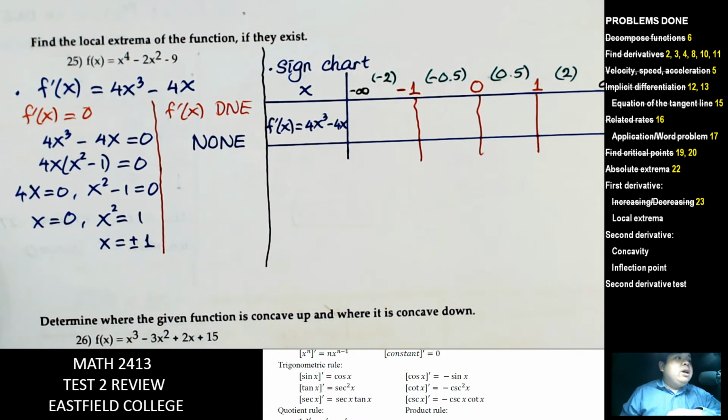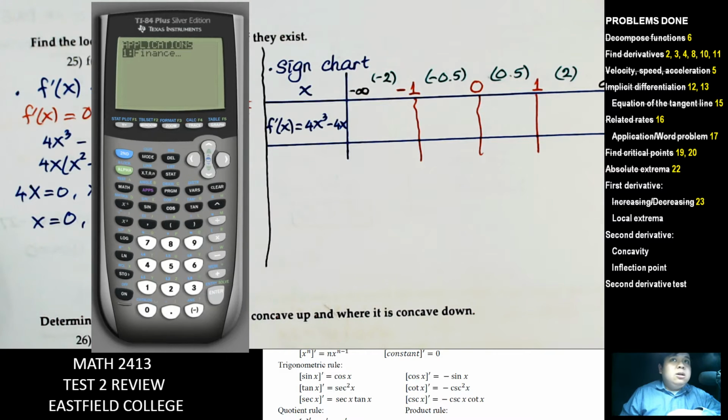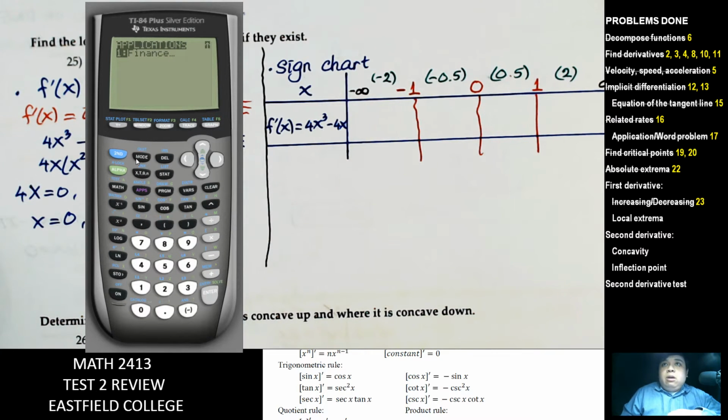Here we use the calculator again. Go to list, and now we enter the values. Just clear this list first. Highlight L1, clear, and highlight L2, clear.